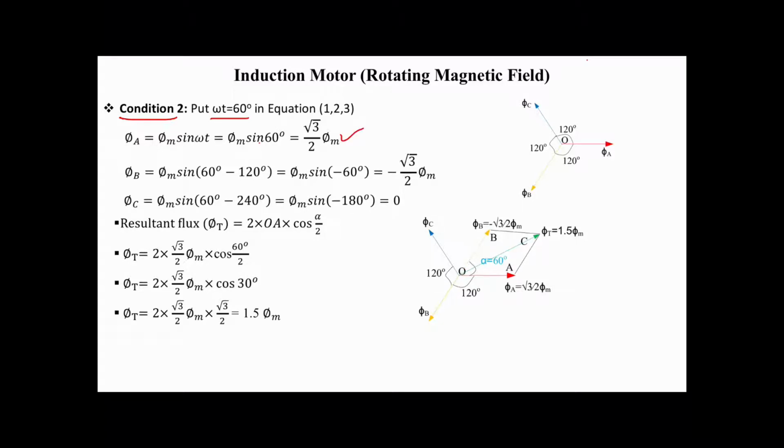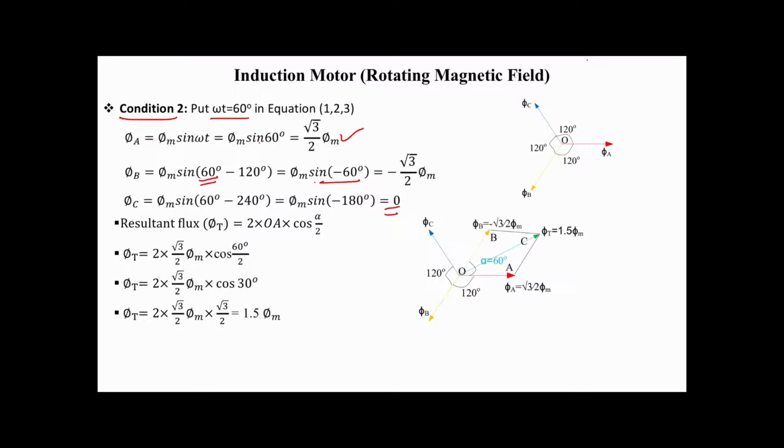Phi b is equal to phi m sin (60 degree minus 120 degree), because omega t is equal to 60 degree. So phi b is equal to phi m sin minus 60 degree, which is minus root 3 by 2 phi m. Phi c is equal to phi m sin (60 degree minus 240 degree), which is phi m sin minus 180 degree, and that is equal to 0.